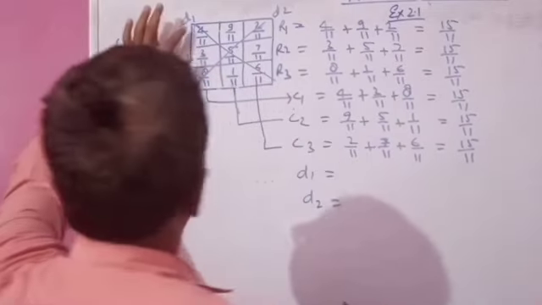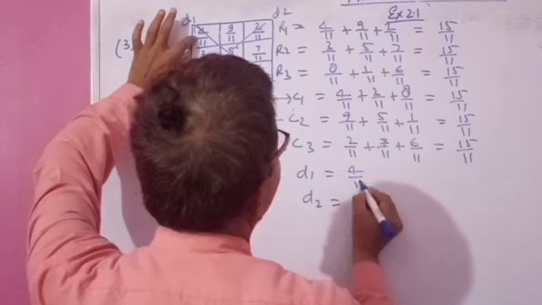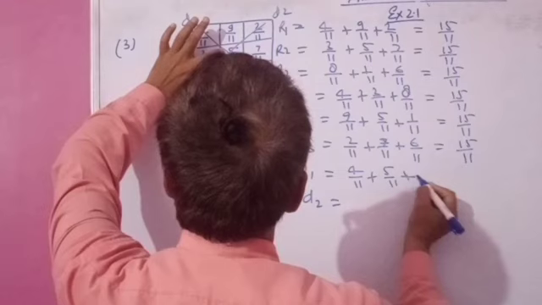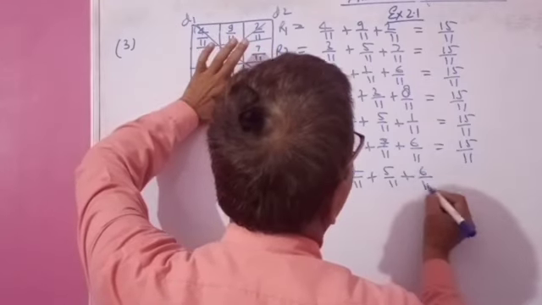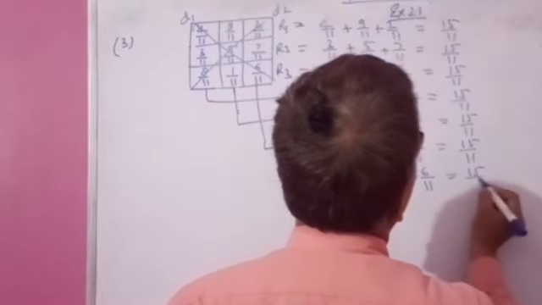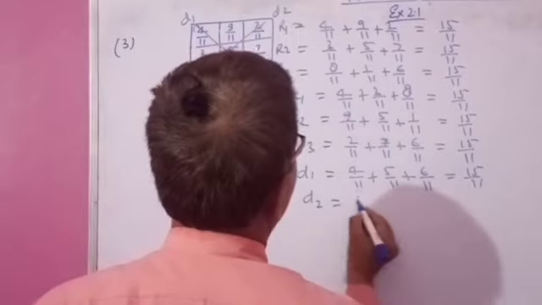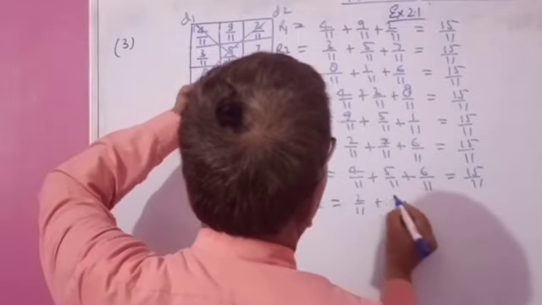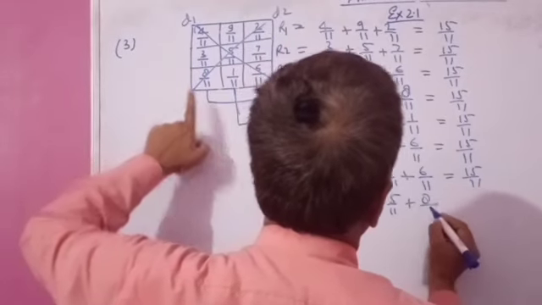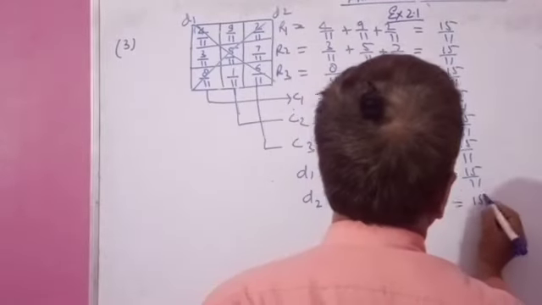Now you will see the sum of diagonals. 4 upon 11 plus 5 upon 11 plus 6 upon 11. 6 plus 5 is 11, plus 4 is 15 upon 11. And now the other diagonal: 2 upon 11 plus 5 upon 11 plus 8 upon 11. 8 plus 5 is 13, plus 2 is 15 upon 11.